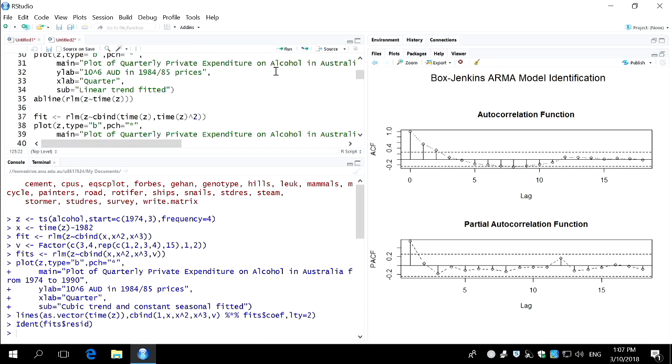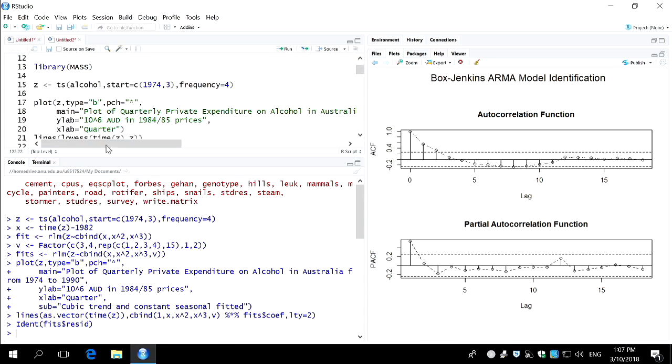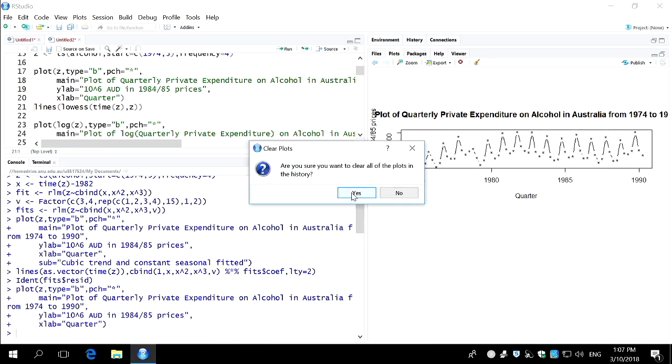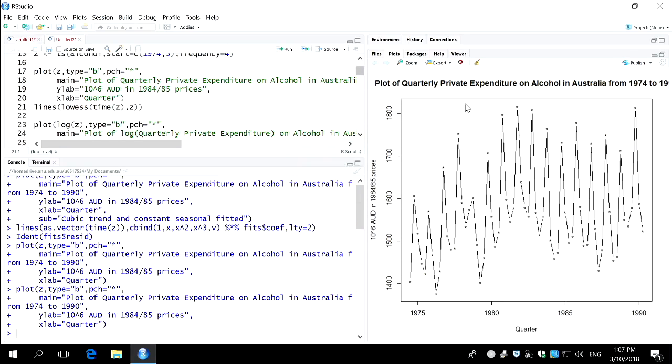That's just what you get if you plot the series itself. So you see that up, down, up thing, and then you've got the wiggly part, okay?